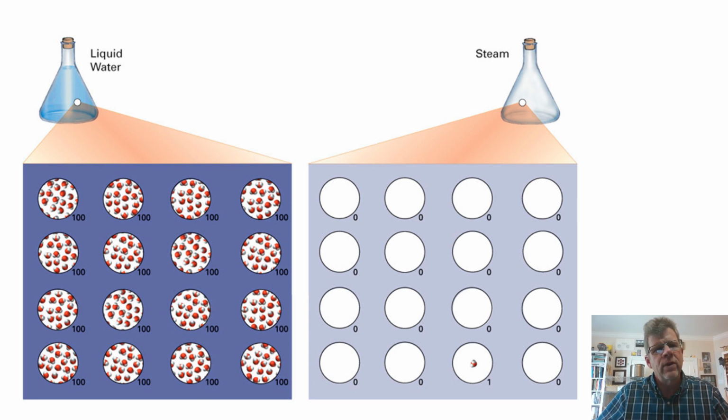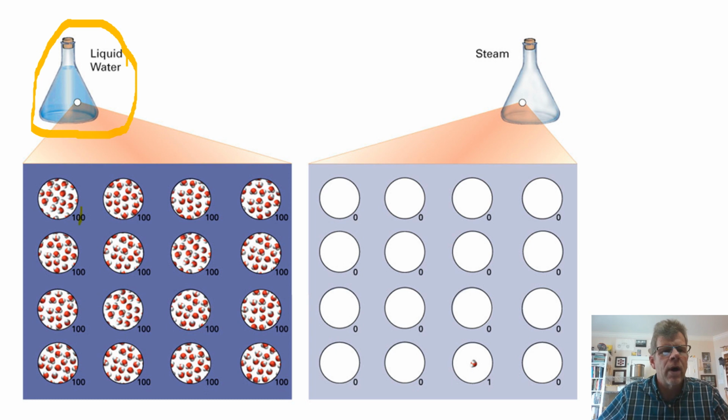However, if we took a very minuscule sample within any portion of that liquid sample, we would always have approximately the same number of particles. They're saying it's about 100, meaning that throughout that liquid we always have the same number of particles, because it's the same volume and all of the particles are in constant contact.